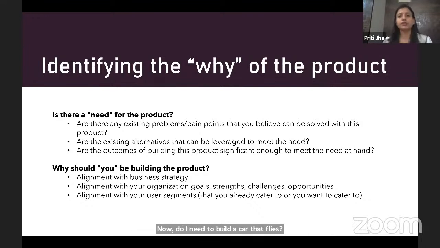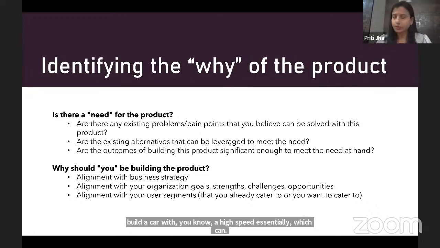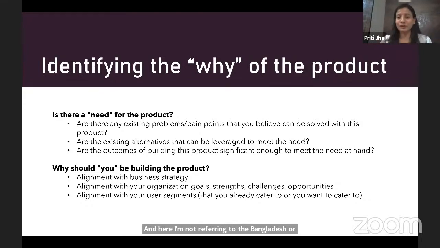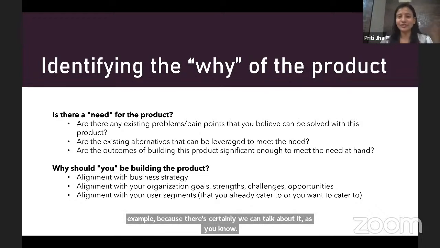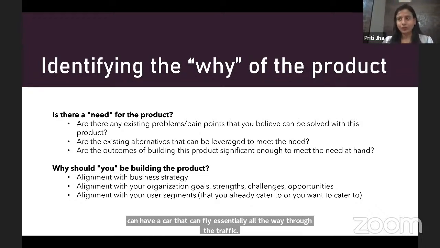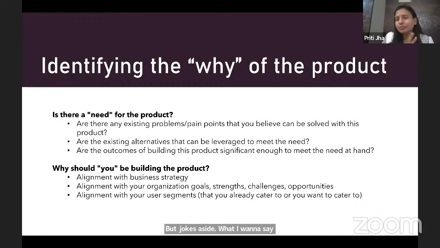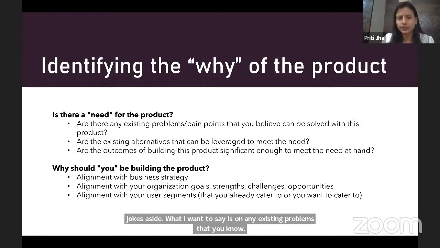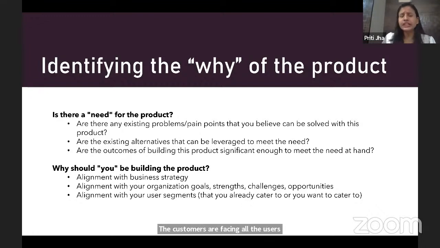No, I can build a car with high speed. And here I'm not referring to the Bangalore traffic example, because there we could certainly have a car that can fly all the way through the traffic. But jokes aside, what I want to say is, are there any existing problems that the customers or users are facing which can be solved with the product I have in mind?